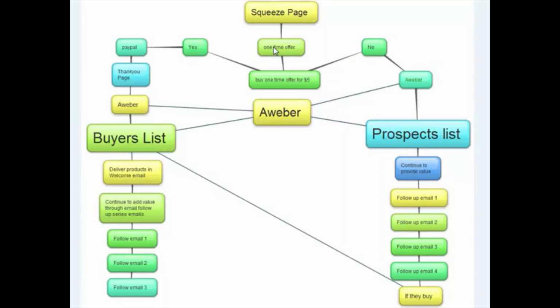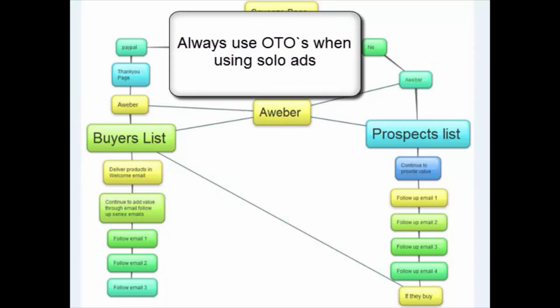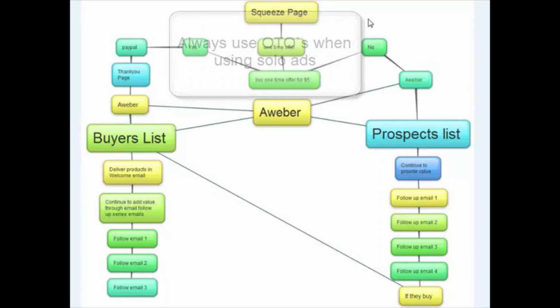Now the first tip is you must always use one-time offers when you use solo ads. Solo ads are one of my secret traffic resources that I've been using for a while, and they're very, very effective at building your list.